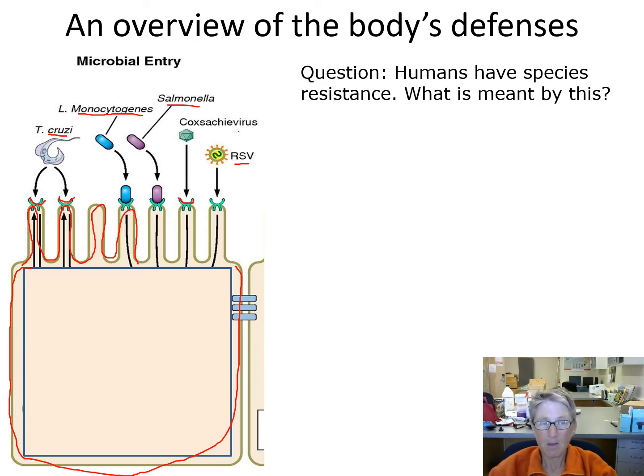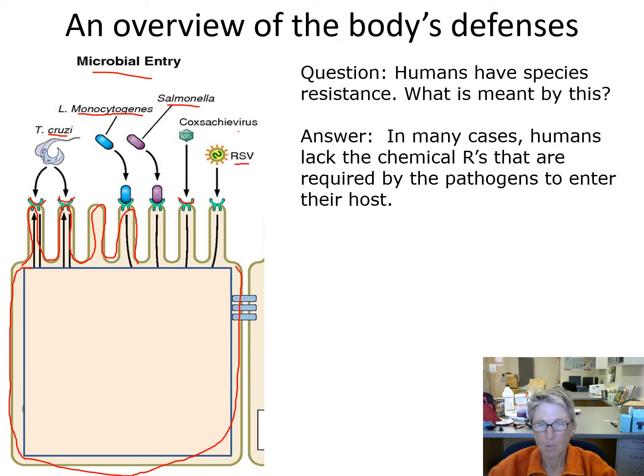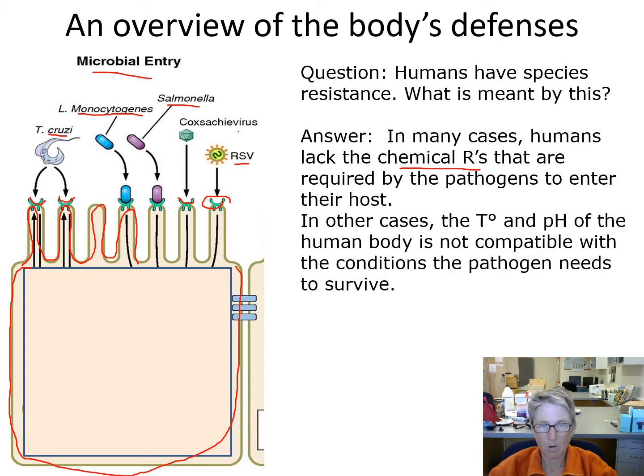But if they don't, if the microbes that are trying to attack us can't bind to the receptors on our cells, they can't get in. So the answer, in many cases, is that humans lack the chemical receptors, the green things in this cartoon, that are required by the pathogens, that's all these guys out here, to enter the host. That's the host cell, our cell.